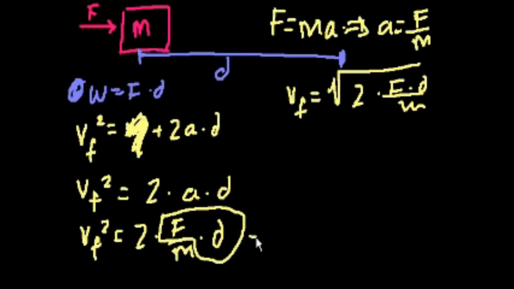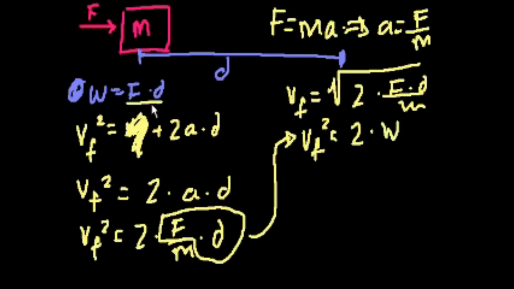So let's go straight from this equation because we don't have to re-square it. So we get vf squared is equal to 2 times force times distance. That's work. Took that definition right here. 2 times work divided by the mass. Let's multiply both sides of this equation times the mass.